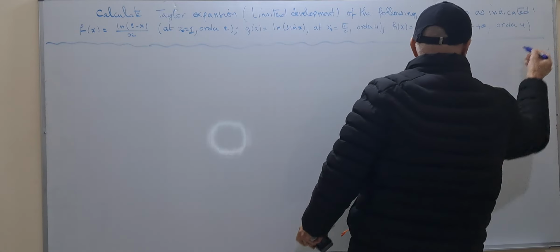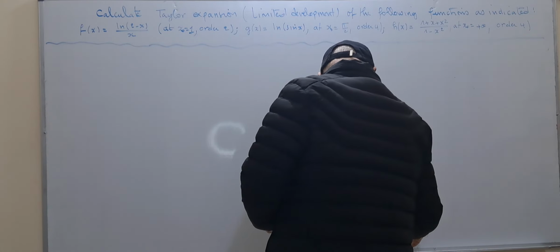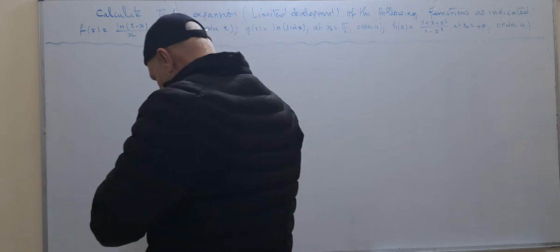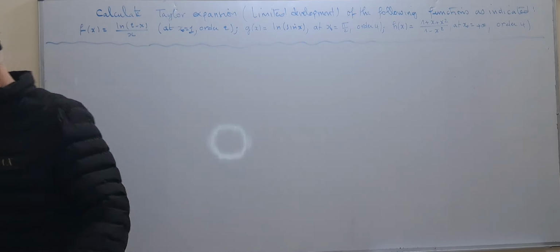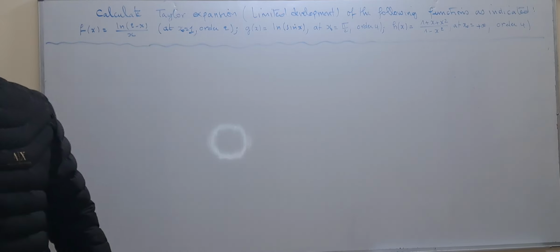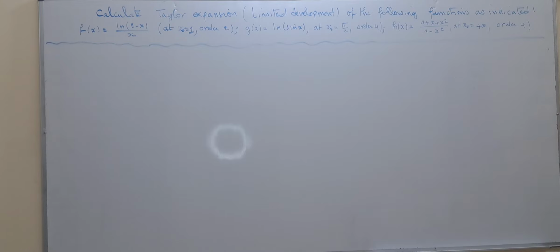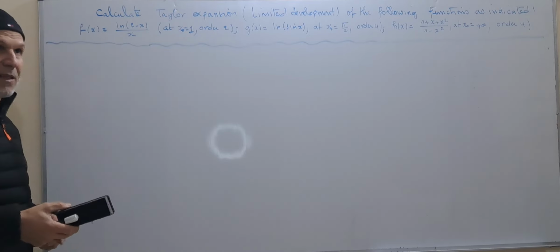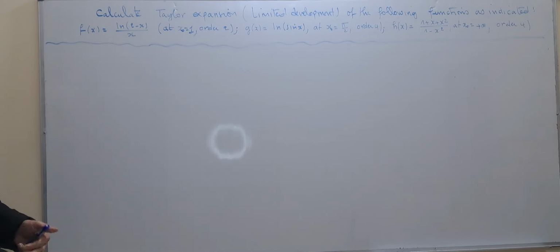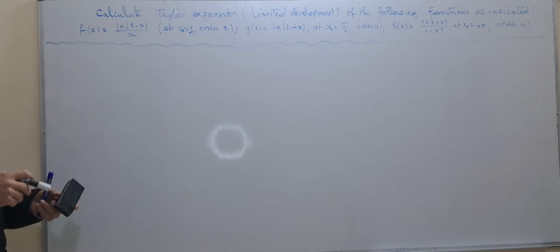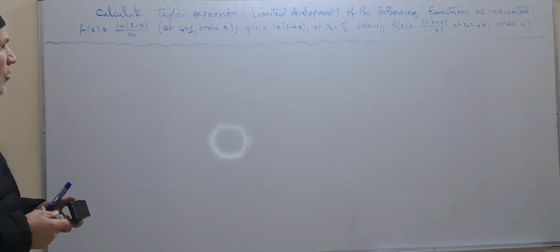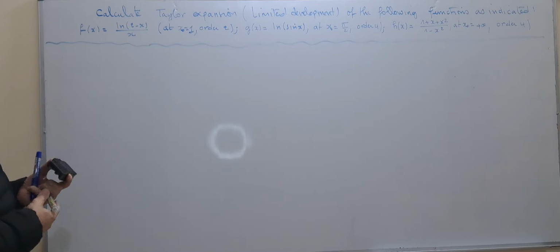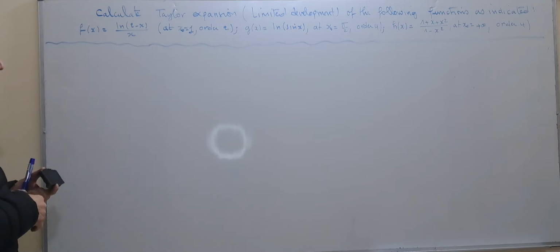This is to approximate a function by a polynomial in a neighborhood of a given point. So we give a point, and if the function is smooth enough, we can propose an approximation by polynomials at a given order.